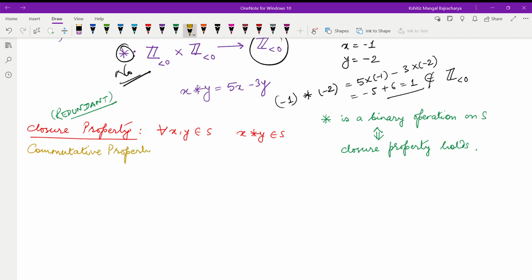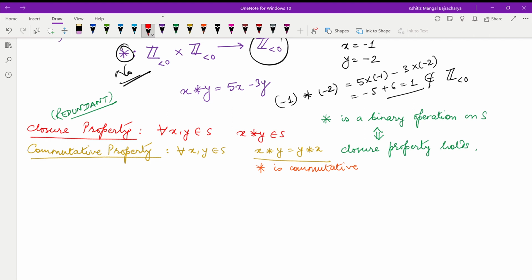If this equality holds for every x, y belonging to S, not for just some or just a couple of values of x or y, but for every value of x and y, then we say that star is commutative.